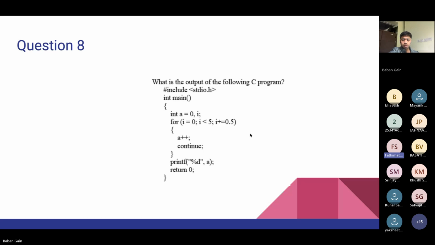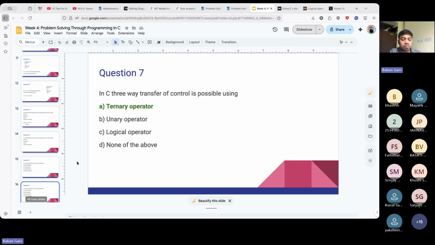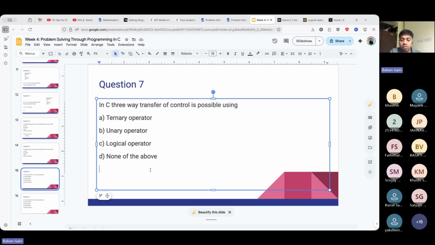So ternary is a three-way operator, I mean, three-way control transfer. Suppose you have something like this: a greater than 5, then printf %d x.